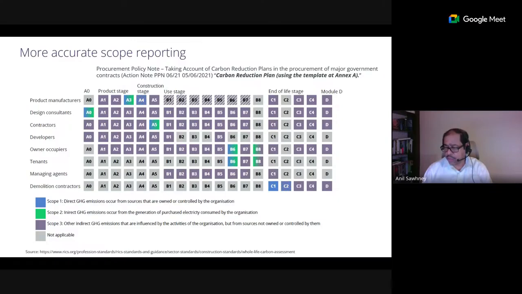But I don't know under which situation you will not have a GIA. Because you should have measurements of your building, right? Do you agree? Abhiram, do you agree? Yes?